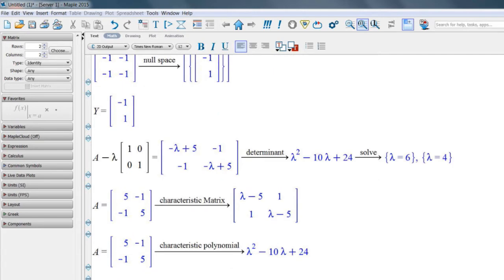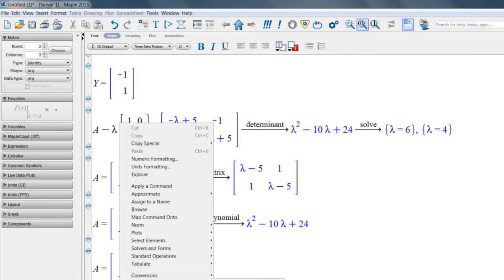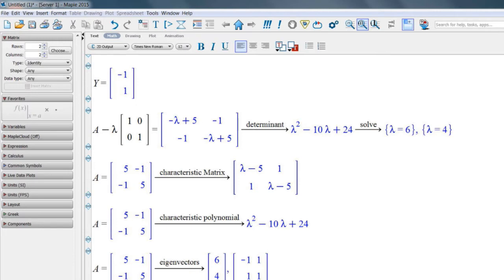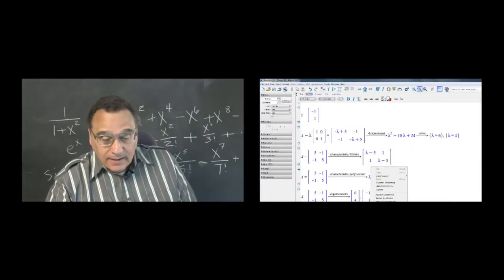And finally, if you ask Maple, here's A, you've got all this machinery in there, what would the eigenvectors be? You get back a vector of eigenvalues. That's what these stretch factors are called, eigenvalues. And a matrix whose columns are the eigenvectors. Now you can split that into column vectors.